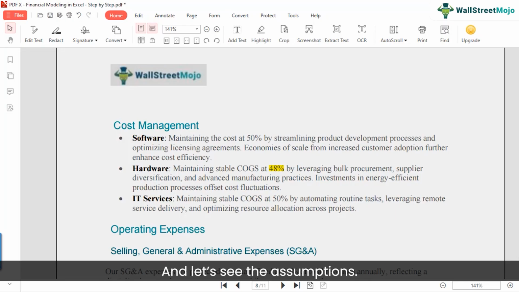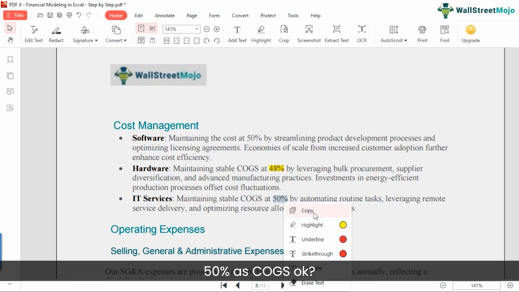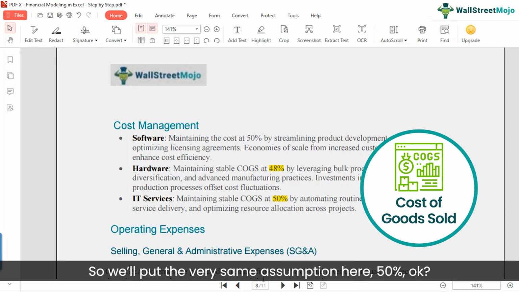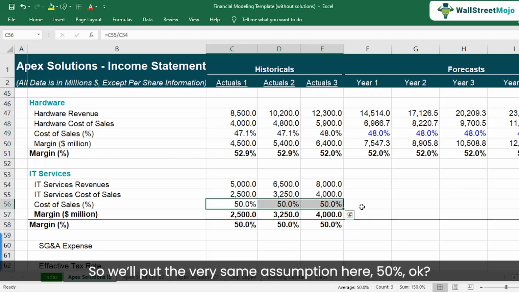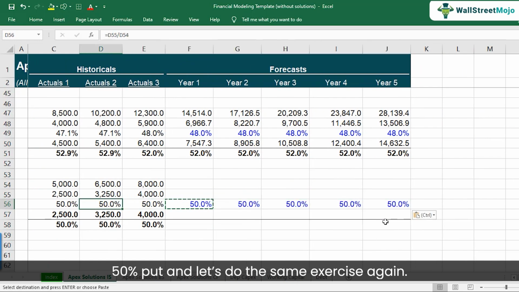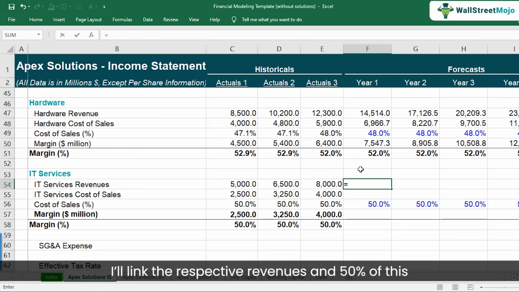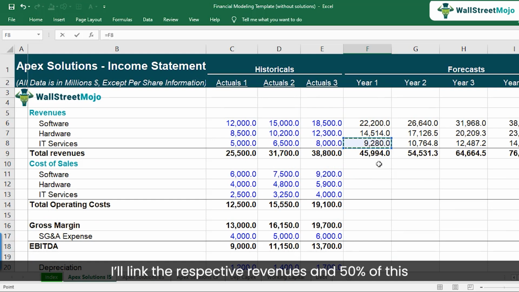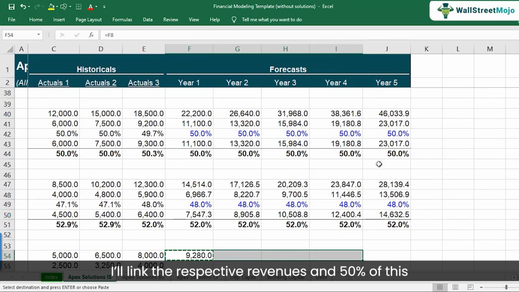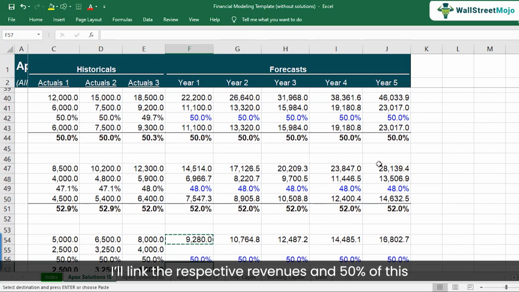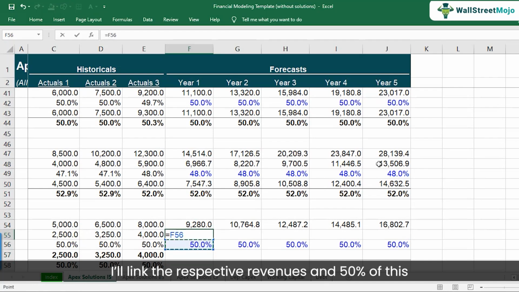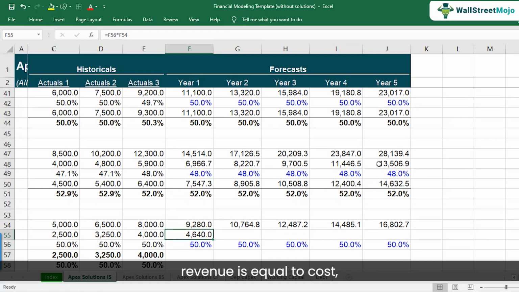And let's see the assumptions. The assumption says that we'll maintain 50% as COGS. Okay. So we'll put the very same assumption here, 50%. Okay. 50% put. And let's do the same exercise again. I'll link the respective revenues. Okay. And 50% of this revenue is equal to cost, right?